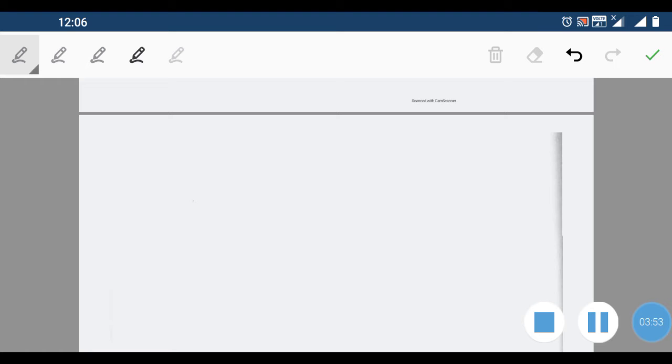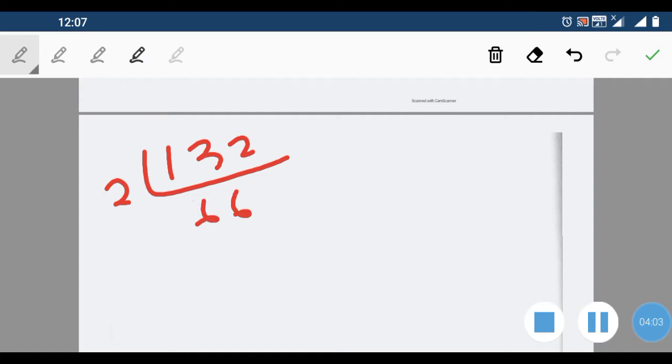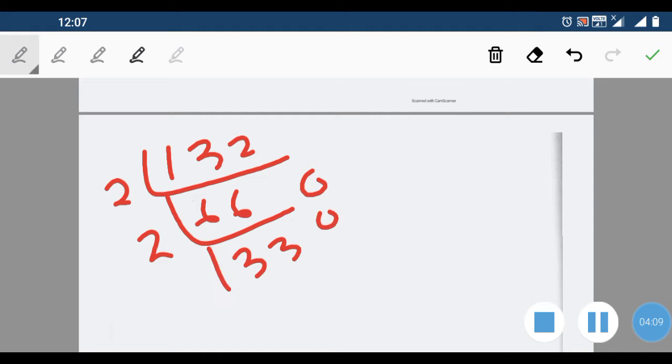So how can we do that? In order to represent 132 in binary form, you can divide it with 2. The answer is 66 with the remainder 0. Then 33 is the answer with the remainder 0. Then dividing again with 2, the answer is 16 with the remainder 1.